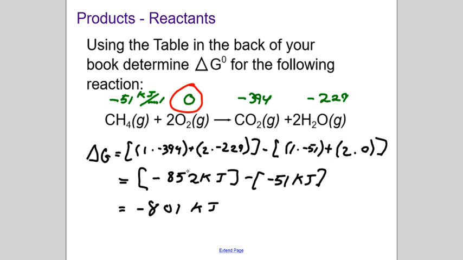That gives us the value of the product side, and the value of the reactant side. So this entire thing has a free energy value of negative 801 kilojoules. Again, it's a negative value, so hey, yeah, totally thermodynamically favorable.